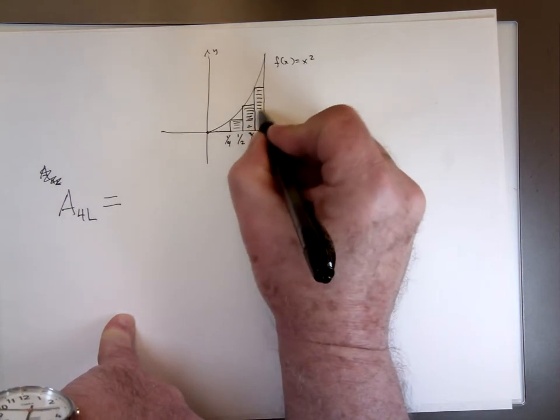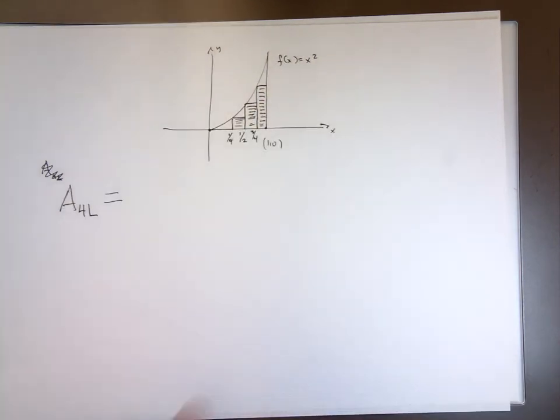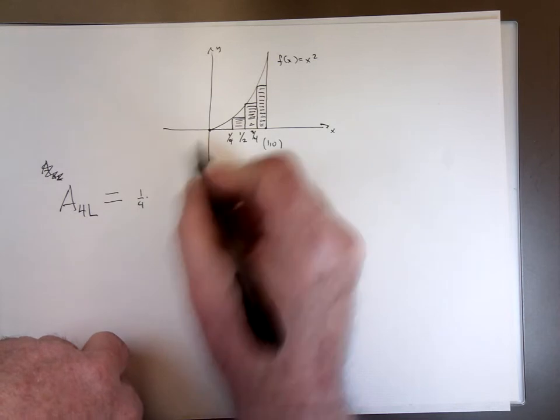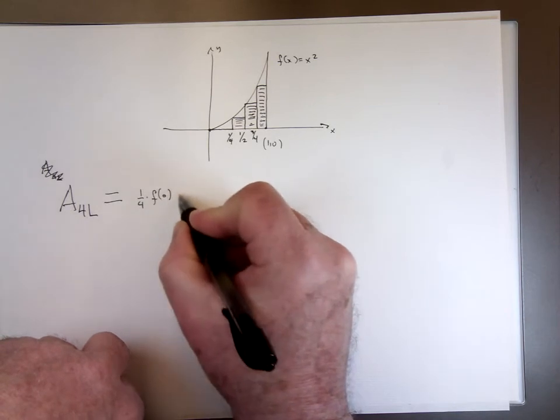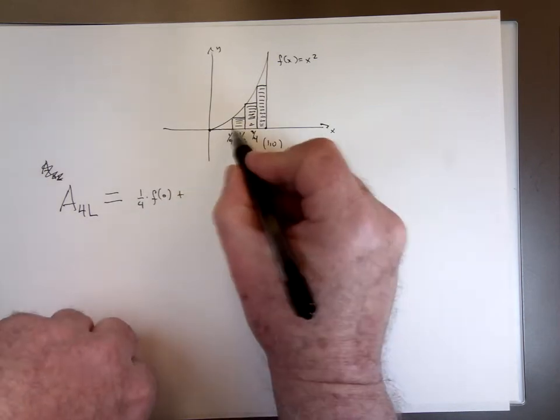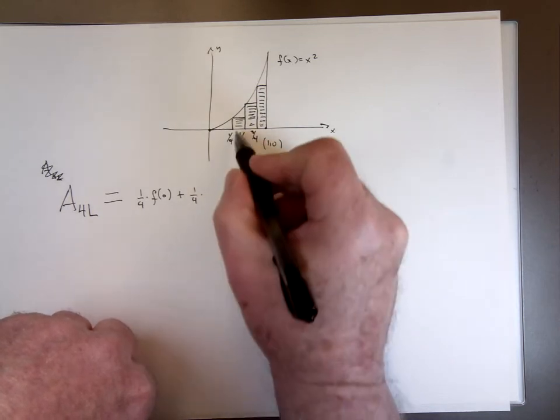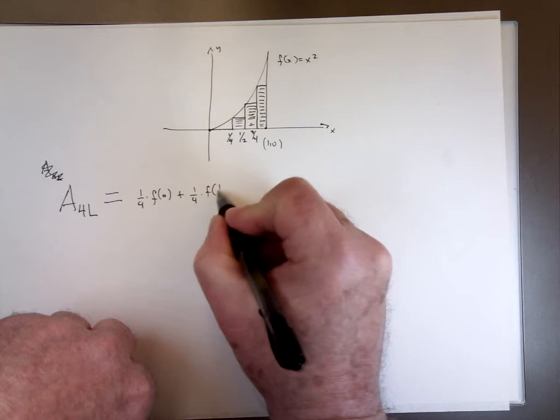So let's do it. Here we go. First one is 1/4 times the height of f of 0, plus. The second one is 1/4 times f of 1/4. That's this right here.